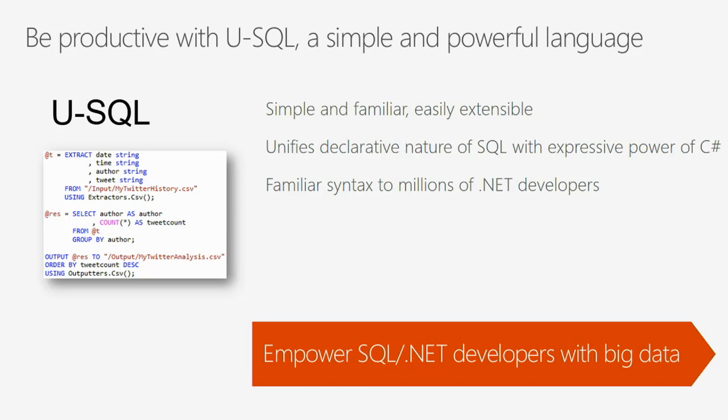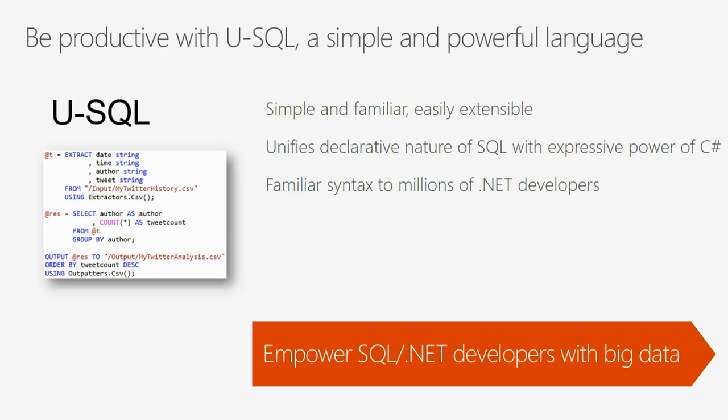So USQL is a simple and powerful language, simple and familiar, and easily extendable. It combines the nature of SQL with the expressive power of C#, with a familiar syntax to millions of .NET developers. So we're really empowering SQL and .NET developers with big data. And you can see here a snapshot of what a USQL script looks like.